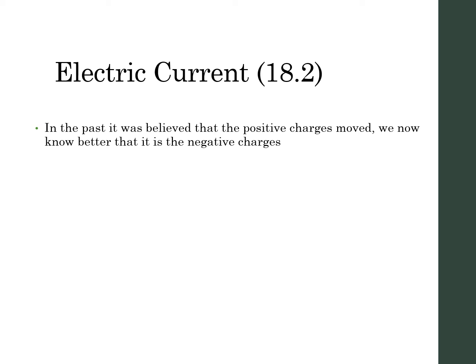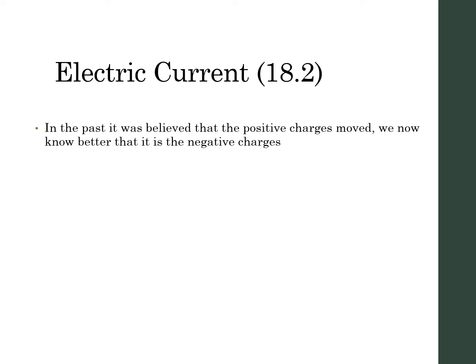So one last thing about electric currents is, we've changed a lot since the discovery of electricity. The original idea for electricity was that the positive charges moved, and that's what carried a current. We now know better related to the size of our protons and our electrons.